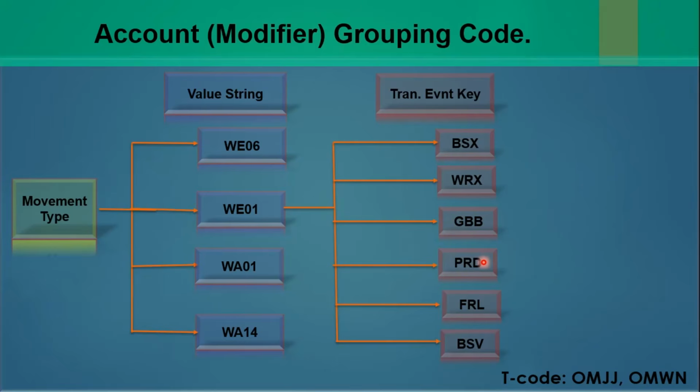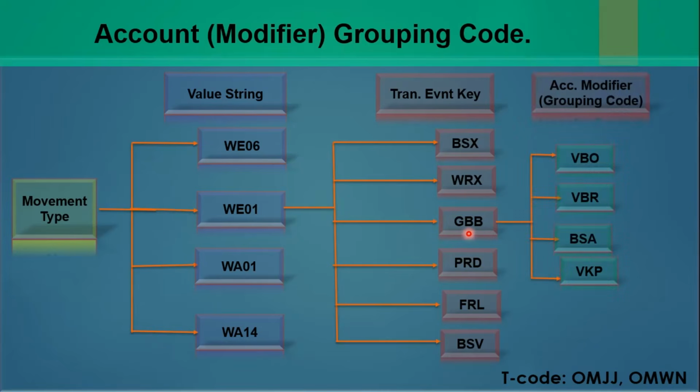What exactly is it? This key is used to determine different GL accounts for the same kind of goods movement based on the origin and target. For example, during goods issue, the offsetting GL is determined from transaction key GBB. Also, one example we know: if we do subcontracting, the GBB plus VBO keys trigger. This is how it works.